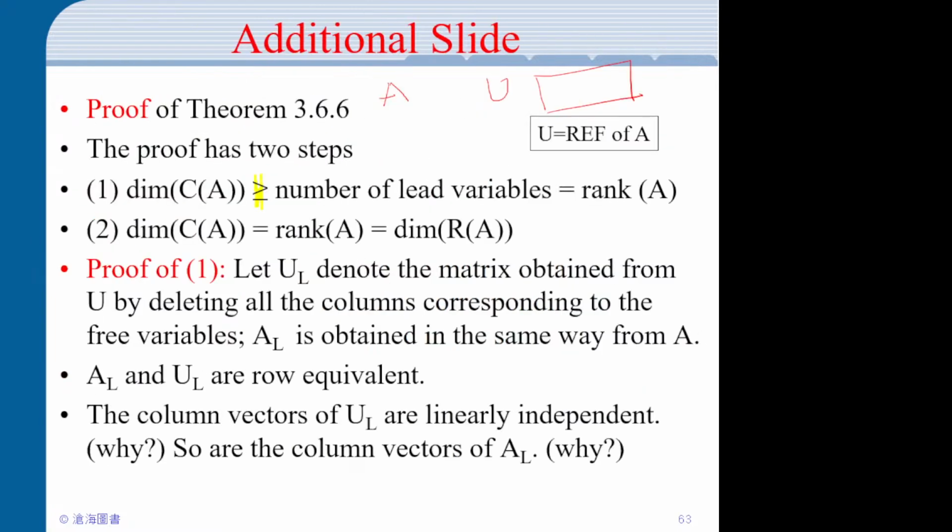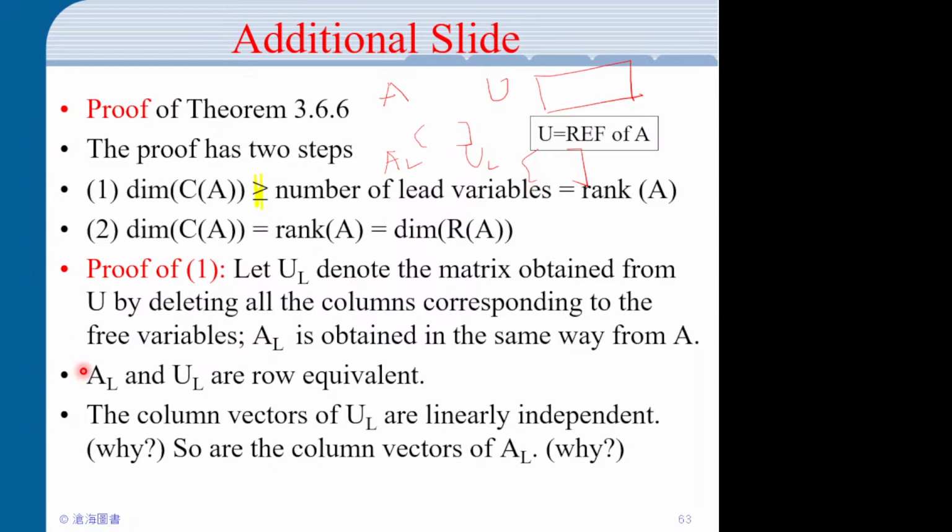Okay, and so we have A and U, and we have AL and UL. So AL and UL are smaller, and A and U are very long. So that's UL, a matrix obtained from U by keeping only the lead variable columns, and for A you pick out the same columns.